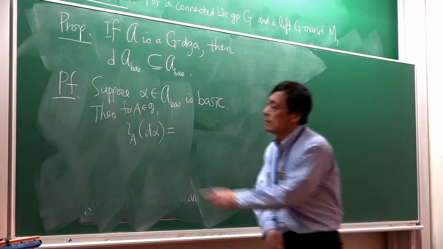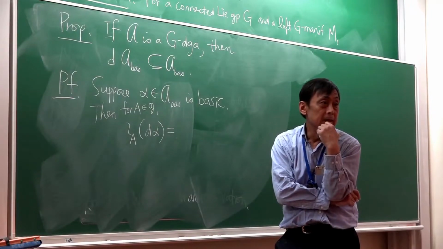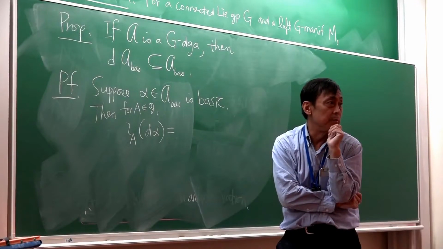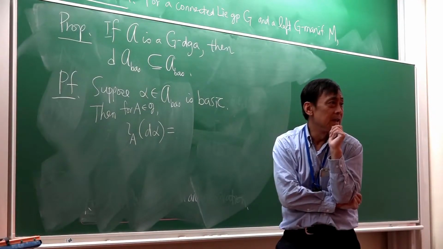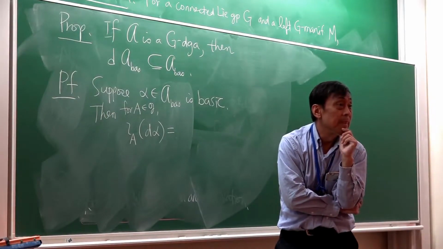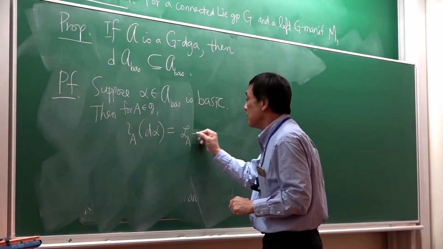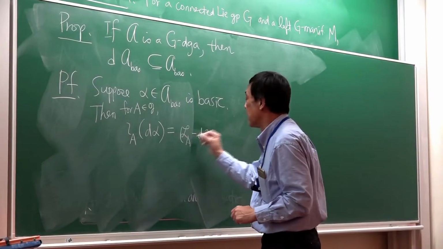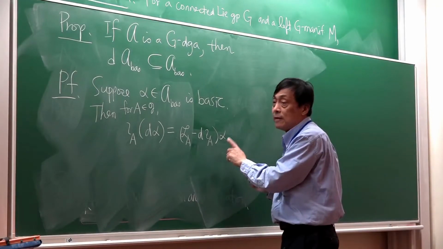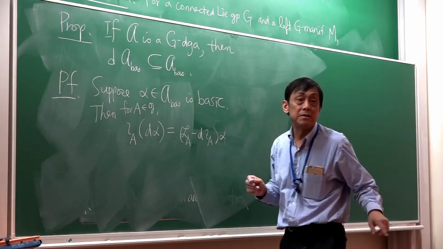Okay, now can you see why this has to be 0? IA of D alpha. I know that IA of alpha is 0 because alpha is basic. Yeah, because IAD is the Lie derivative minus DIA. Okay? And because alpha is basic, its Lie derivative and its interior multiplication are both 0.